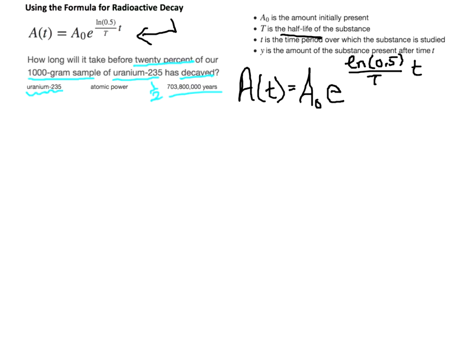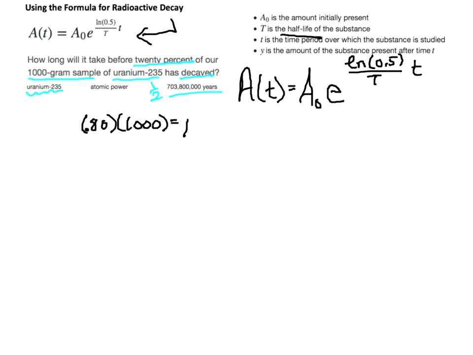So I want to know how long it takes 20% to decay. So how long will it be before I'm left with 80% of my original 1,000 grams? So on the left-hand side, I want to know, when will this thing equal 80% of 1,000?